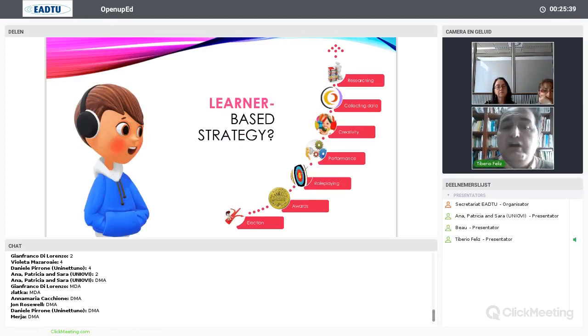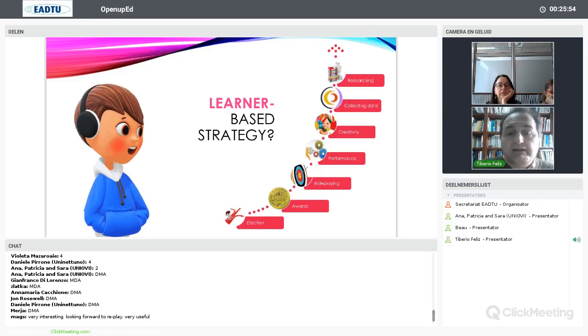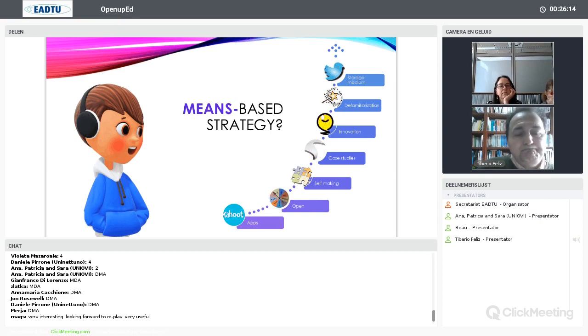About learners, learner-based strategies could be, for instance, asking our learners to research, collect data, create, invent some kind of contents, collect ideas, perform, do some kind of role playing, or giving them awards, or giving them options to select between several options as you have done before, okay?